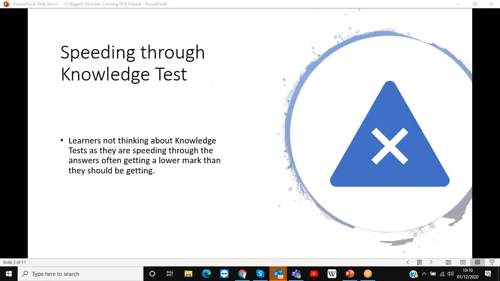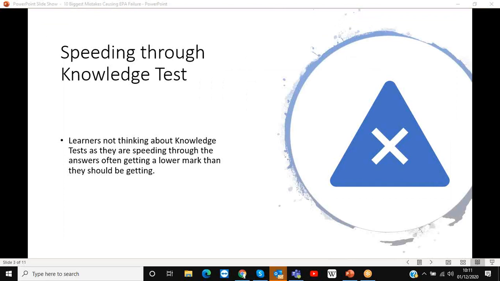Learners are not really thinking about the knowledge test. It's a multiple choice test. You have a question with four answers, and it's about eliminating the ones that are least likely to match the description of the question, and they're speeding through really.